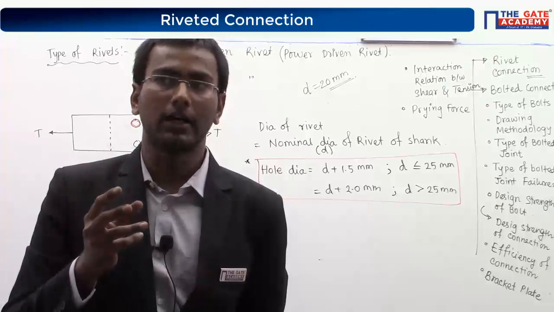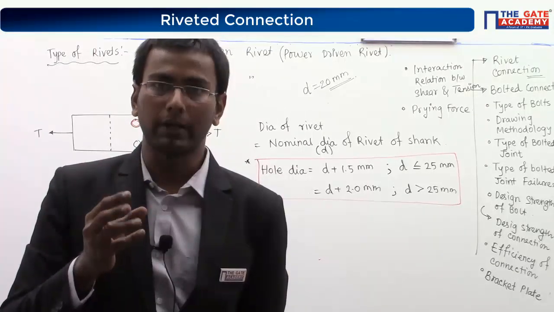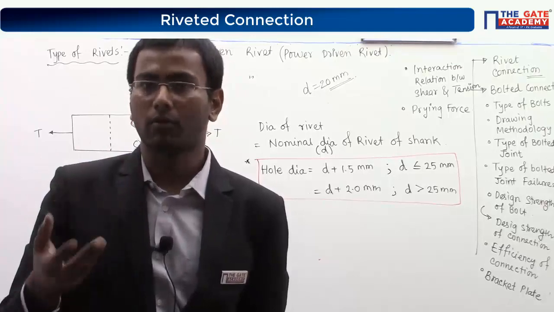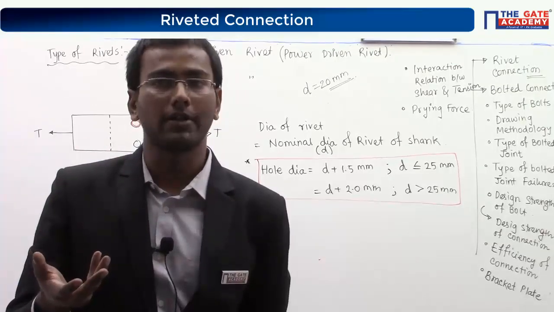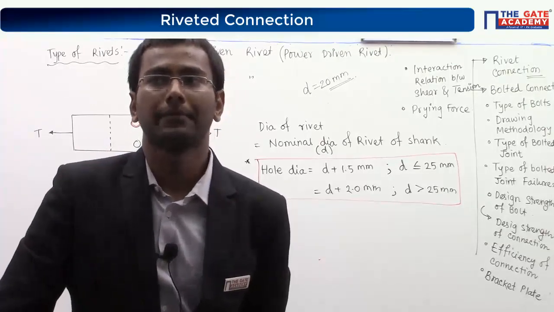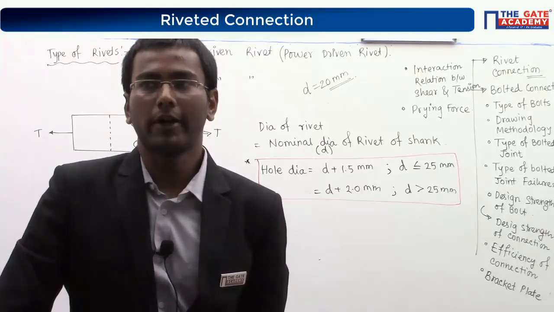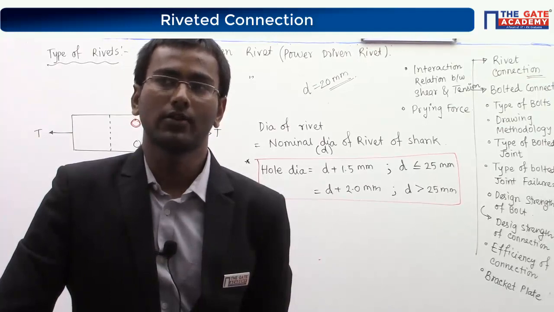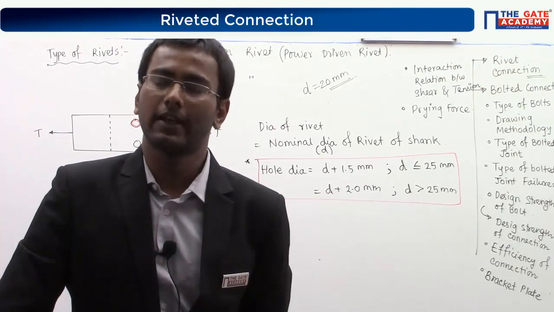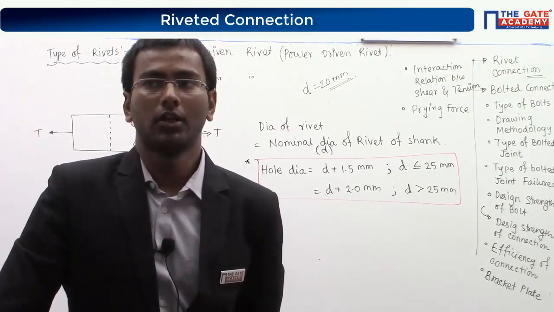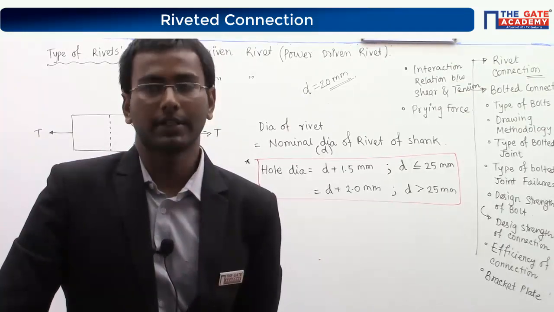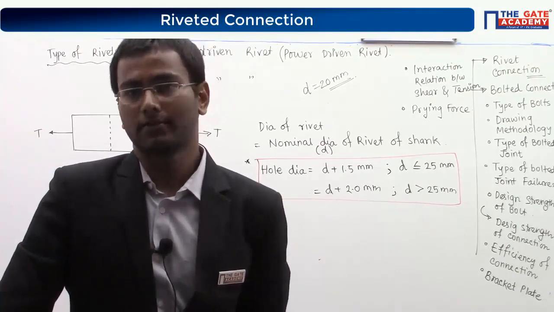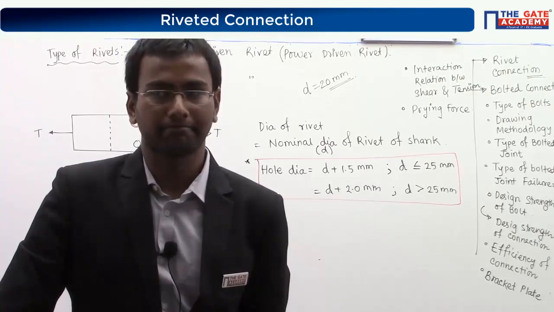If painting or gluing is done, it means it is taking some amount of diameter increment, right? And this 1.5 mm is very, very less. Just think logically. 20 mm means 2 centimeter. In your scale, you can also see it. 1.5 is very, very less. So it will not affect that much.